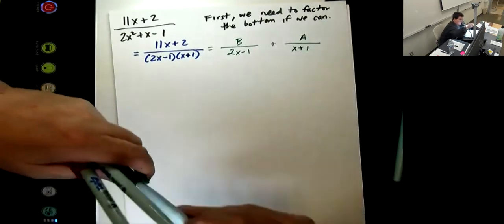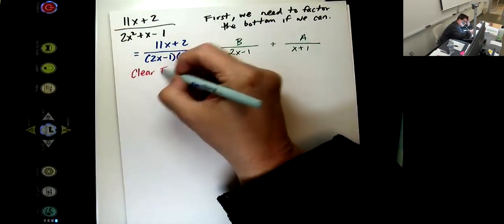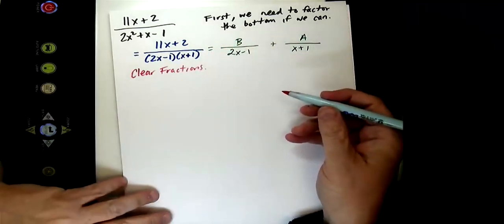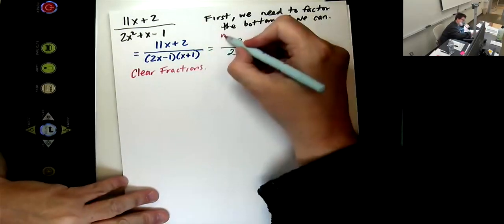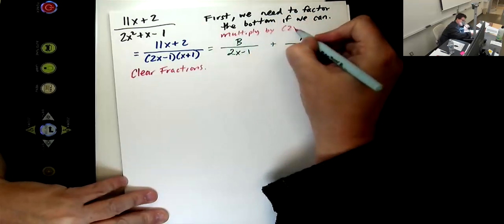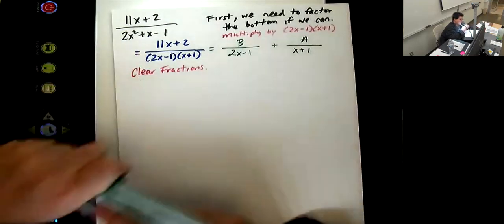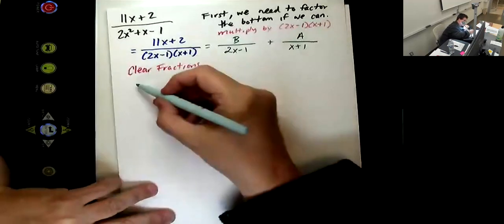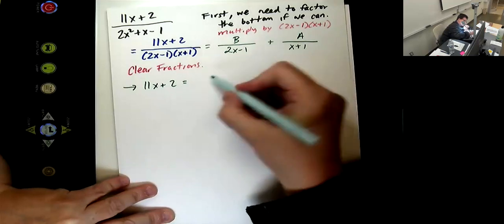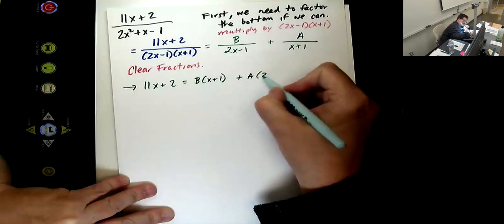All right, so clear fractions. Multiply by 2x minus 1 and x plus 1. If you do, this turns into 11x plus 2 equals b times x plus 1 plus a times 2x minus 1.